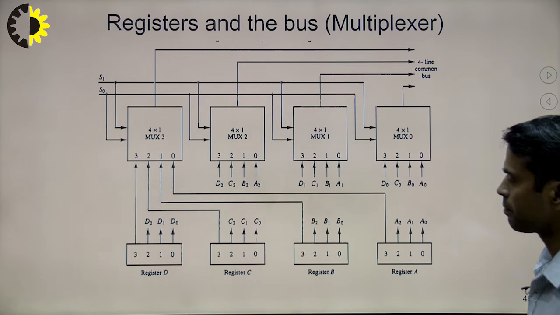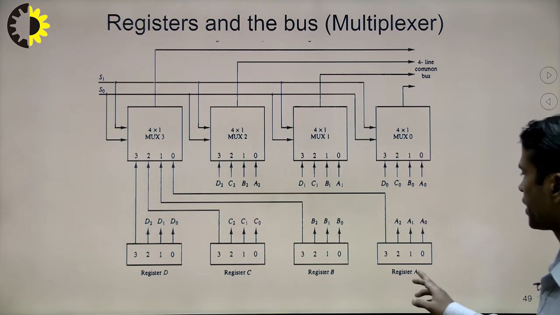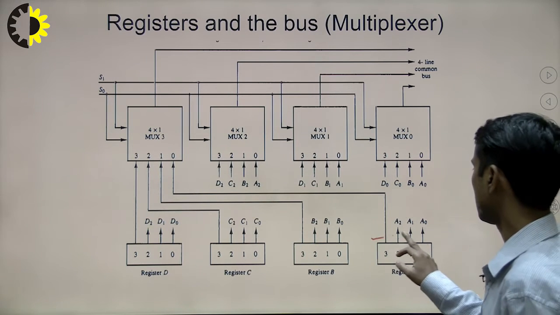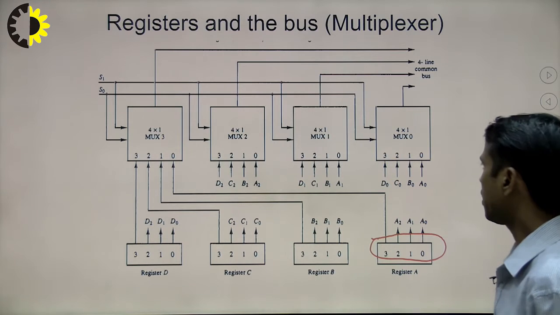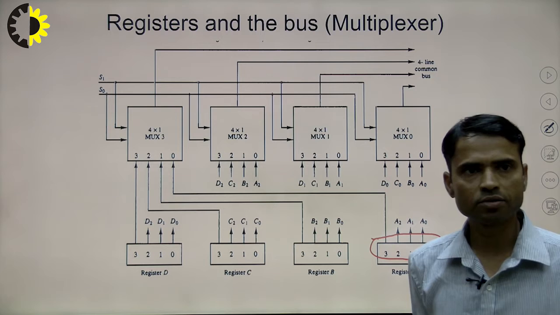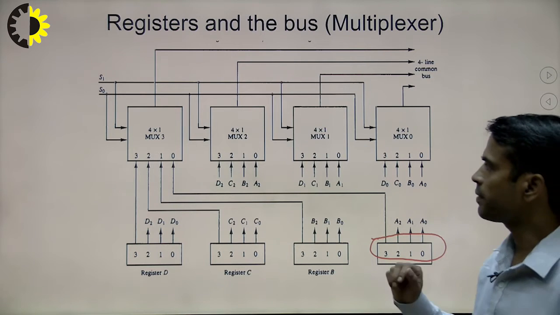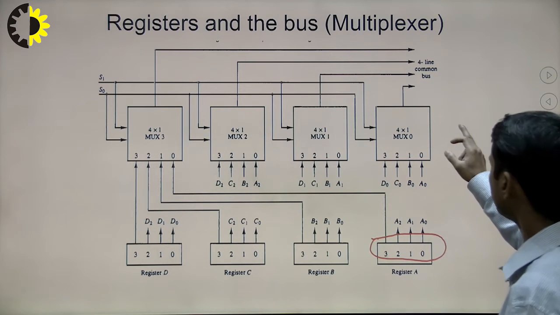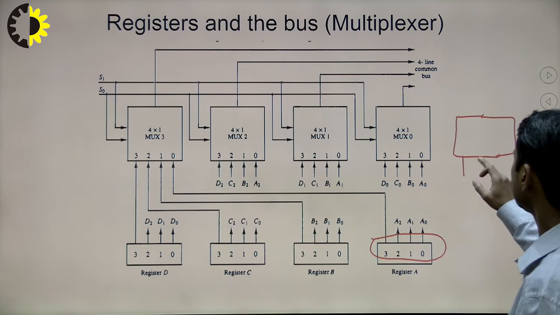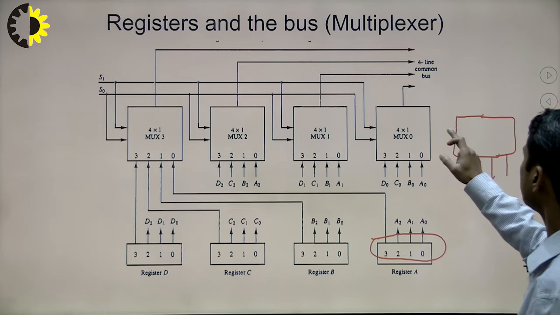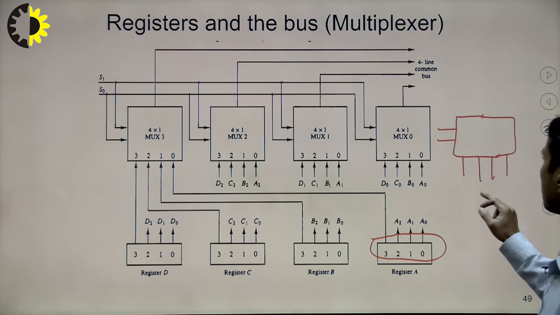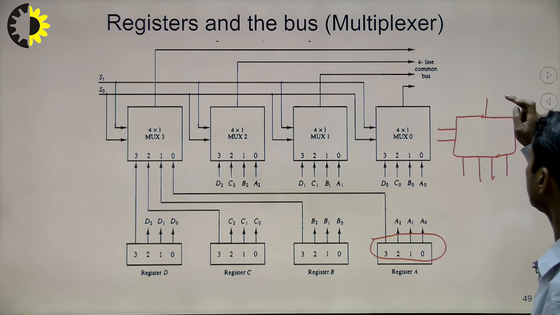Now, there is one sample case of 4 registers A, B, C and D, and each register is of 4 bits. Now, we understand that there is a combinational circuit called a multiplexer. In a multiplexer there are inputs, say for example, 4 inputs and 2 selection lines, and 1 output.